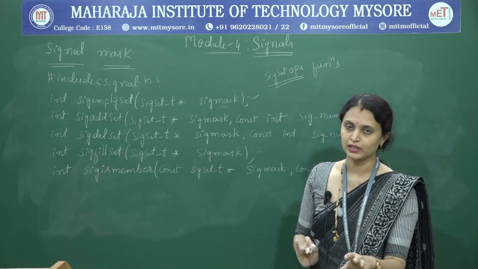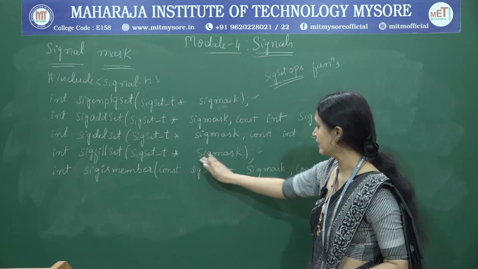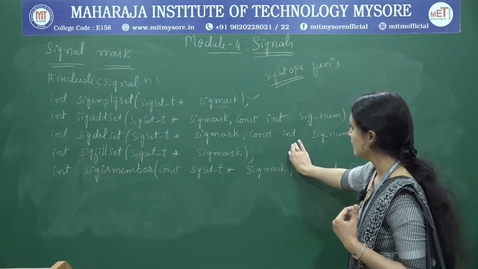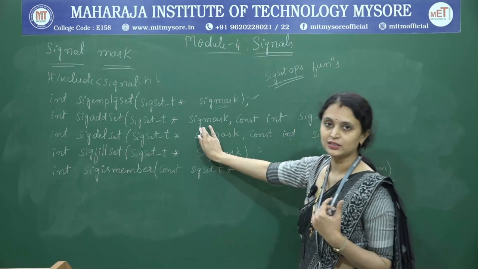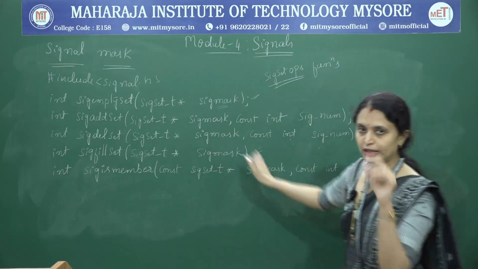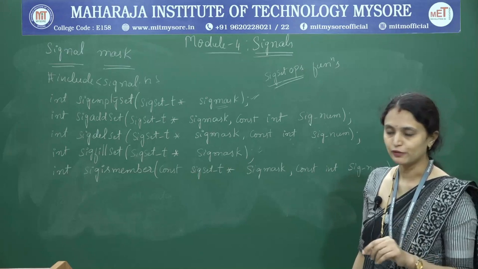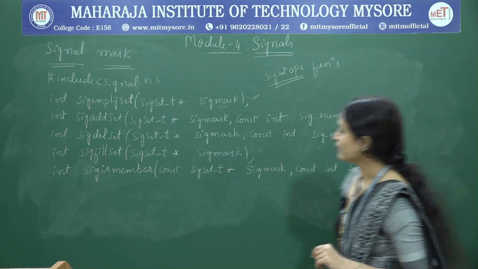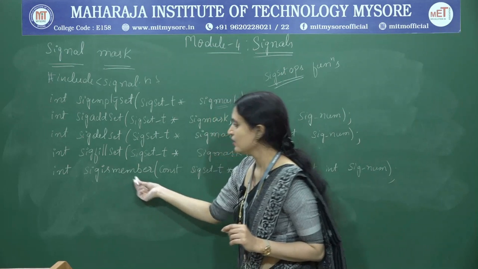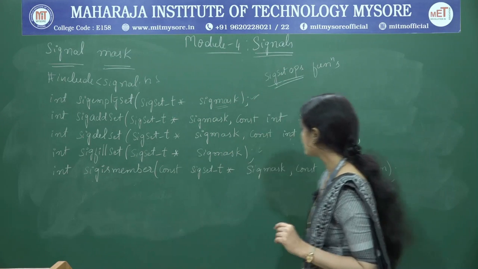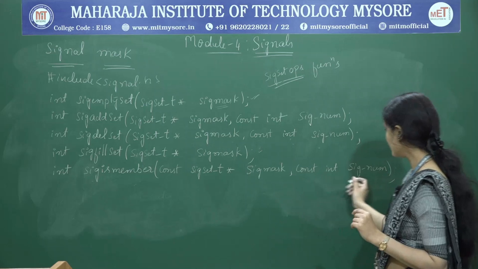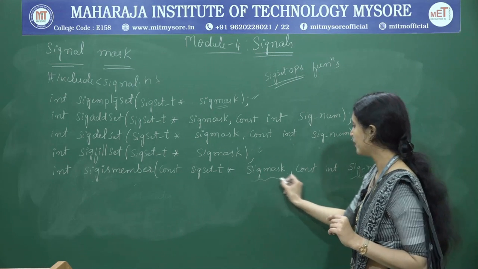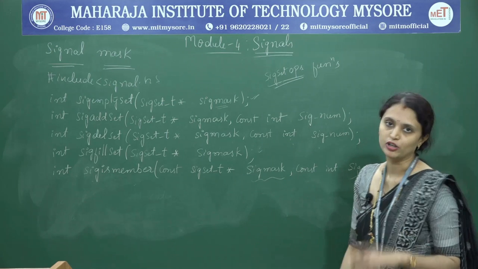Understand properly. So this is for all the flags under this signal mask. But in these two cases, not all the signals, only the particular signal that is identified by the signal number. So the last one is sigismember. This indicates whether the corresponding signal number is present in this particular signal mask or not.